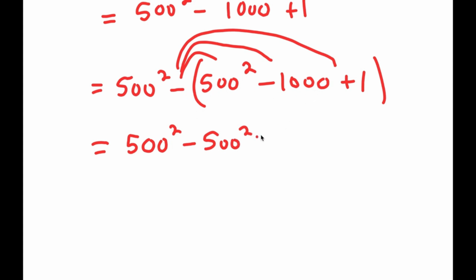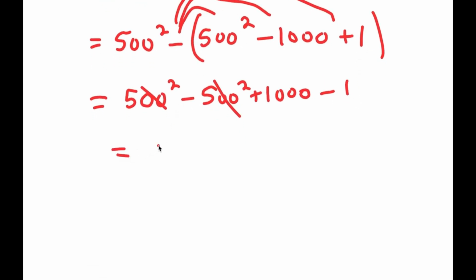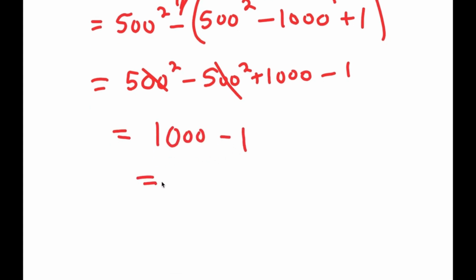Negative 1 times negative 1000 is positive 1000. And negative 1 times positive 1 is negative 1. Now these two 500 squares cancel out. So I'll be left with 1000 minus 1. And 1000 minus 1 is 999. So again, I get 999 as my answer.